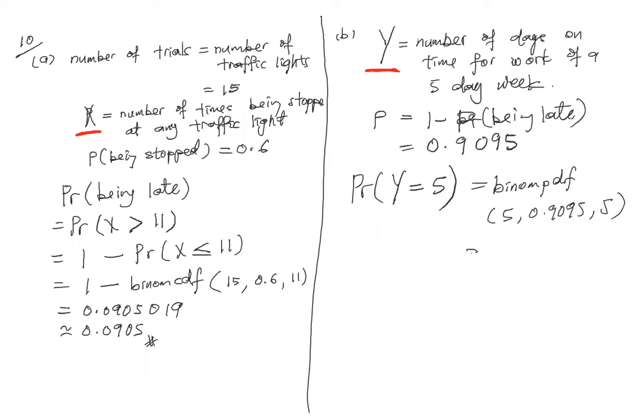Okay, key in. You can do much faster than me. Okay, so you get 0.622319. Okay, so it's approximately 0.622, 3 significant figure. Okay, part C?